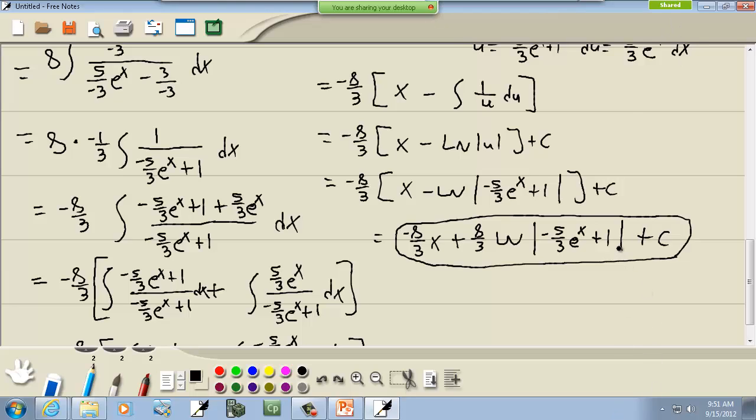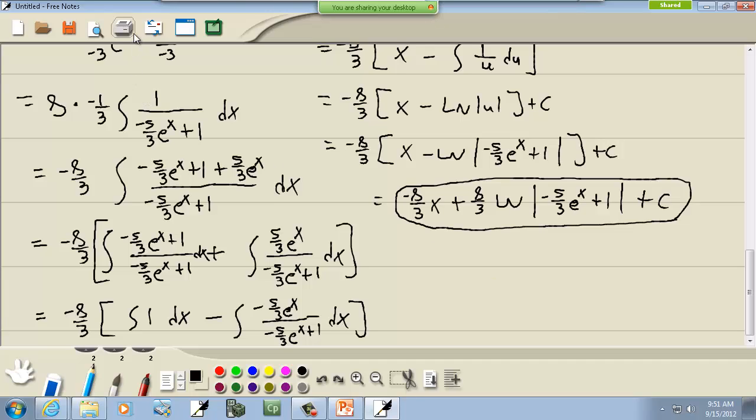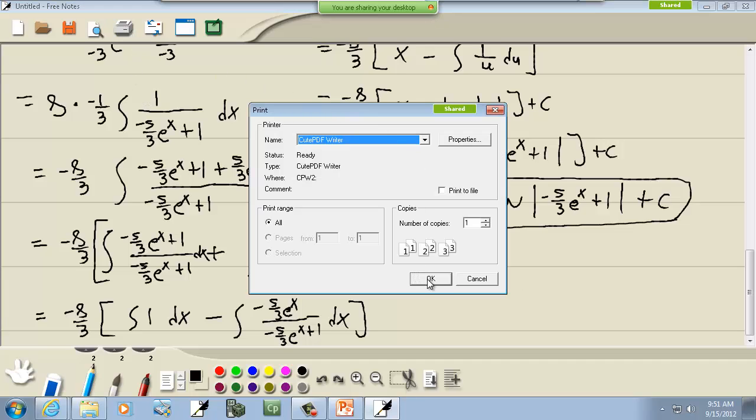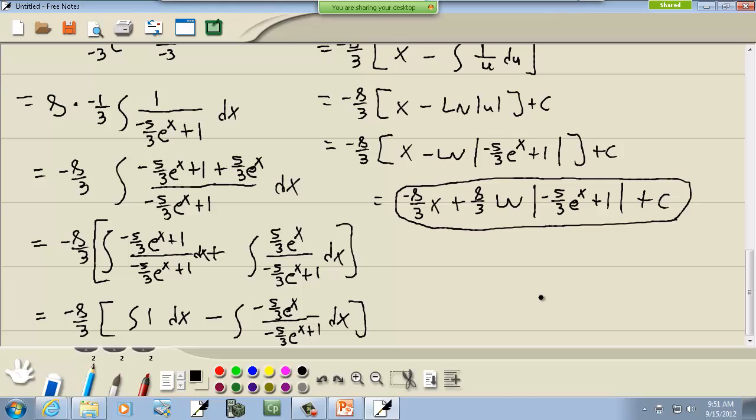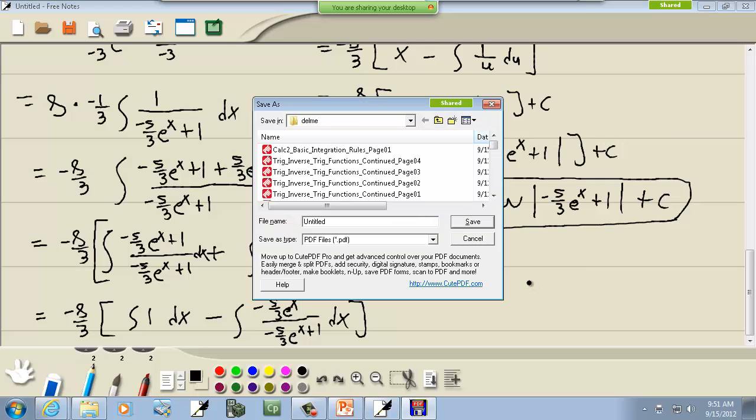No, actually, if I did that, never mind. Let me save that. I was thinking we could maybe drop the absolute value bars, but I don't believe so, because e to the x could become very, very small, and then we would need them there.